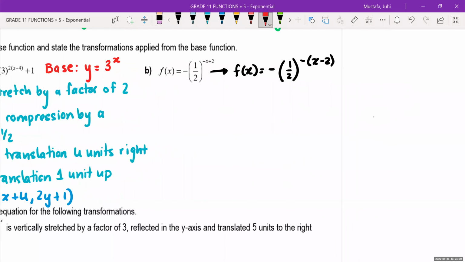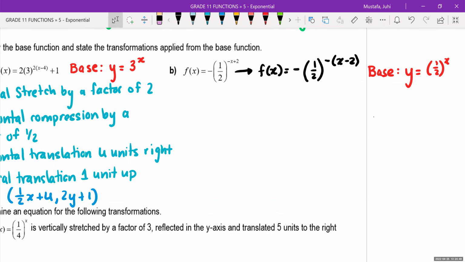If we want to identify the base function in this, by the way, what would it be? Yeah, y is equal to just a half to the power of x. This one doesn't seem to have as many transformations. So let's go ahead and start with the negative. What does the negative on the outside mean? What kind of reflection?